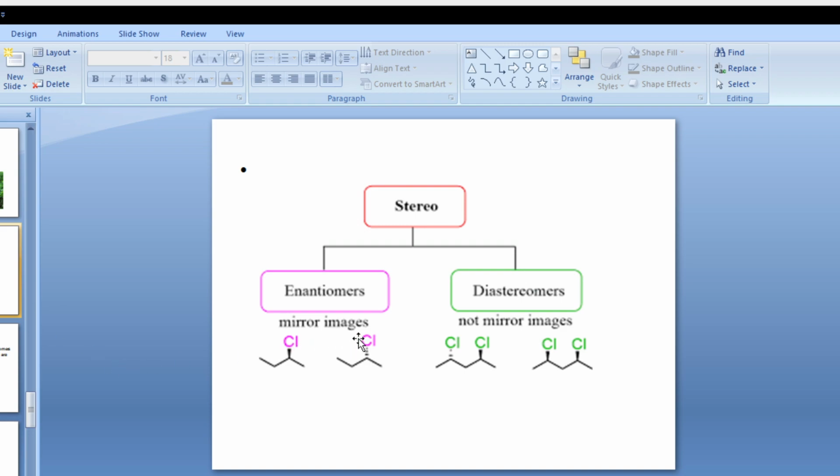If there is a mirror image relationship and they are non-superimposable, then they are enantiomers. If a mirror image relationship is not there and more than one stereocenter exists, stereocenter is that chiral center, we call it an asymmetric center, then they become diastereomers.